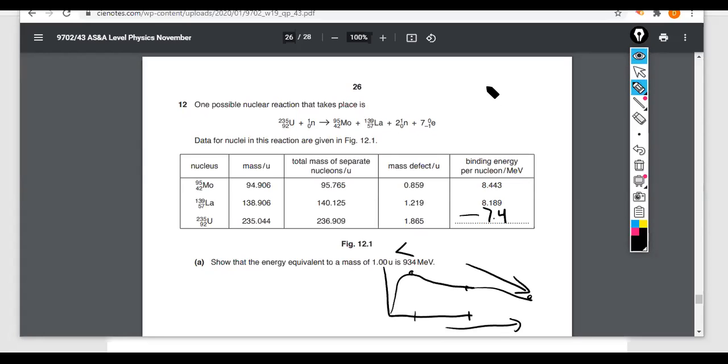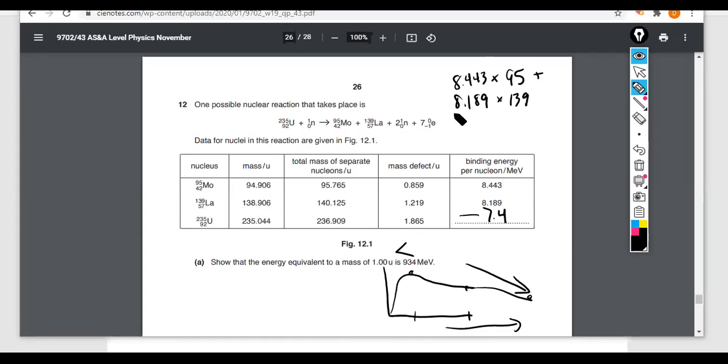So I think the path to the solution is 8.443 times, so this is per nucleon. There's 95 nucleons in that one, so this would be all of the energy in the molybdenum. And then we've got the lanthanum, which is 139 times 8.189.